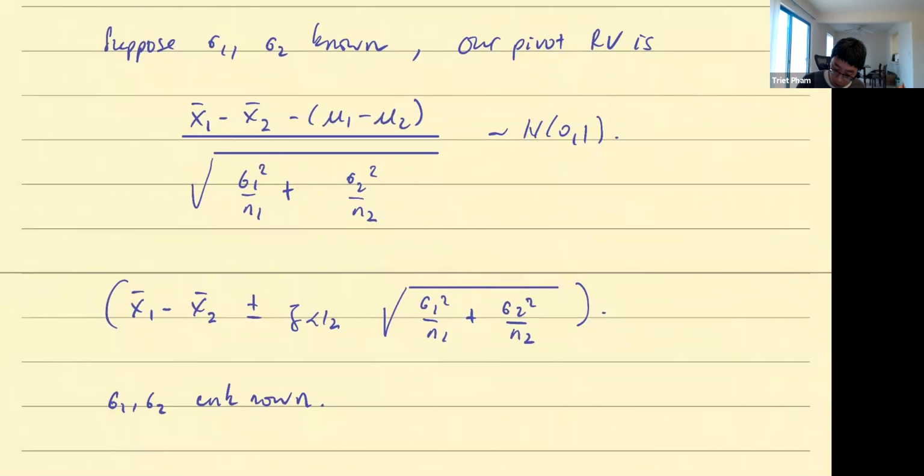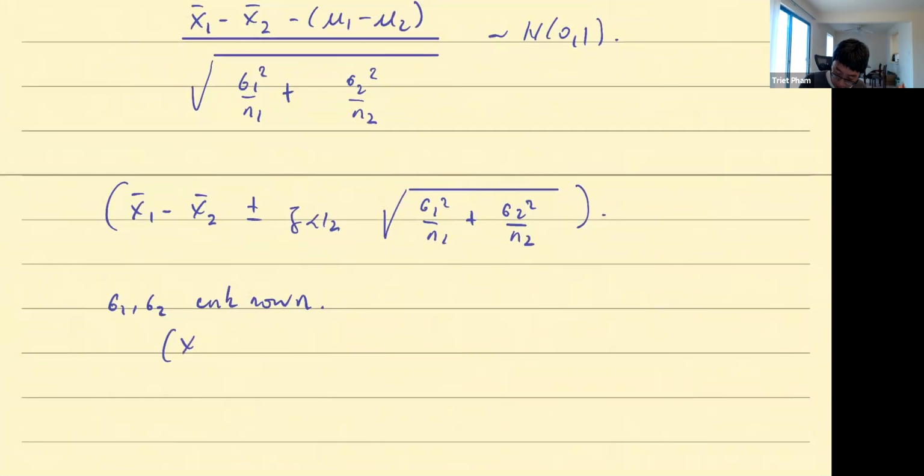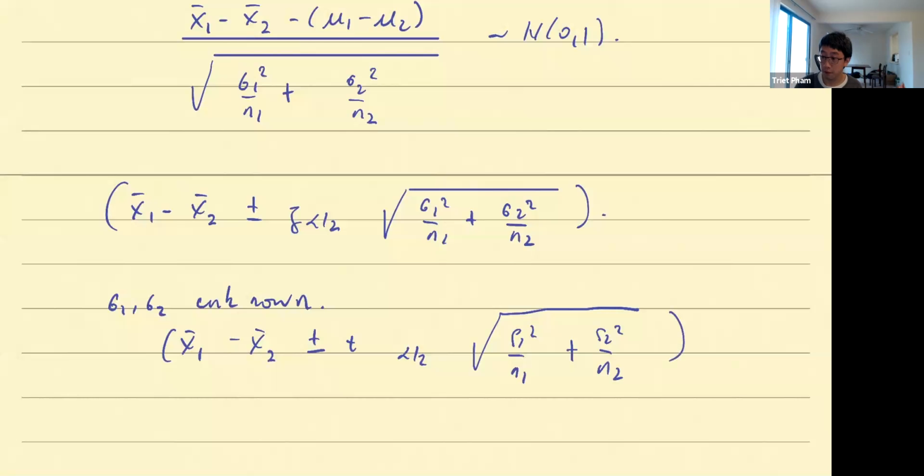If they're unknown, how would you think the proceeding would go? Would it be something like this? x bar 1 minus x bar 2 plus minus some kind of t alpha over 2 square root of s1 square over n1 plus s2 square over n2? If so, what is the degree of freedom and how?